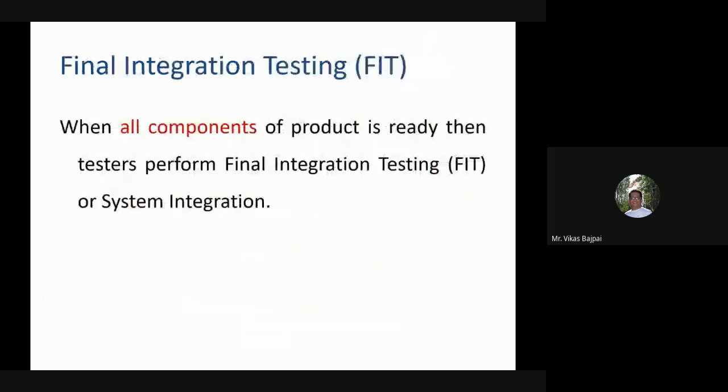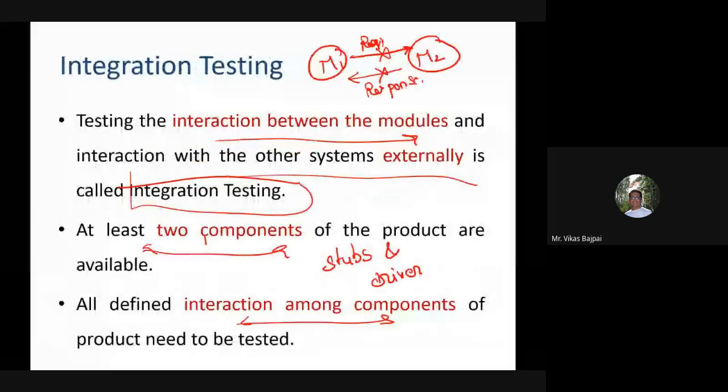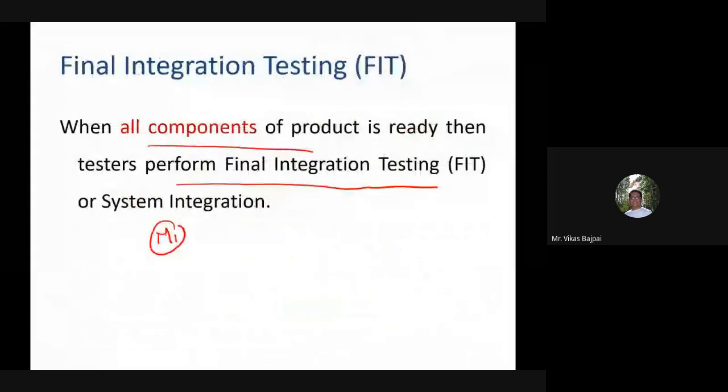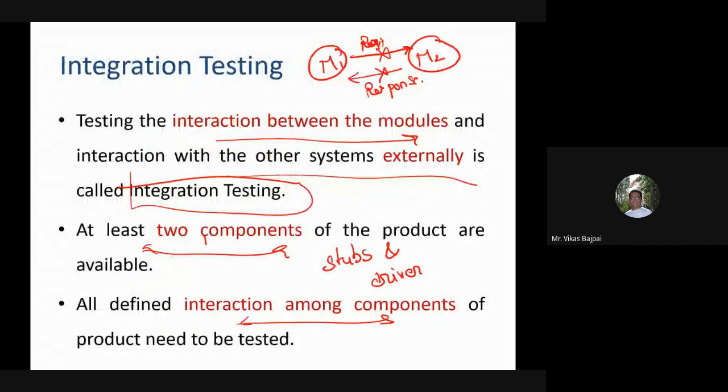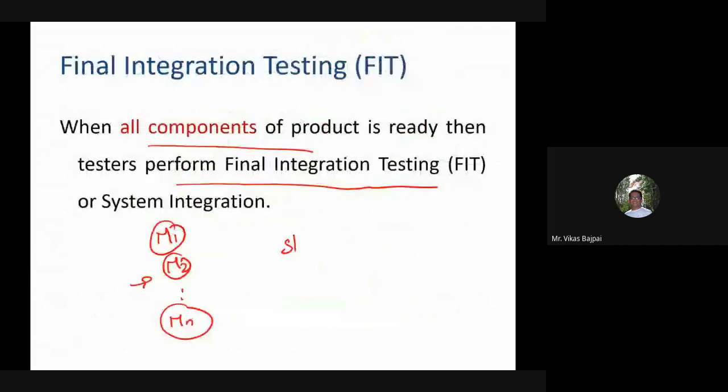Now, we also have final integration testing, where all the components of the product are ready, and then your testers go for final integration. Initially, let's say I have m1, m2, and mn. In the initial part, if m2 is not ready, then I can deal with a stub or a driver for it, and then go ahead with integration testing.